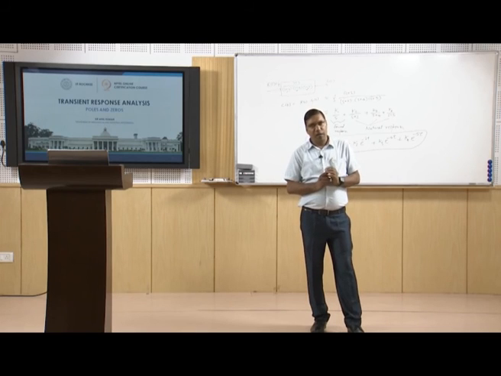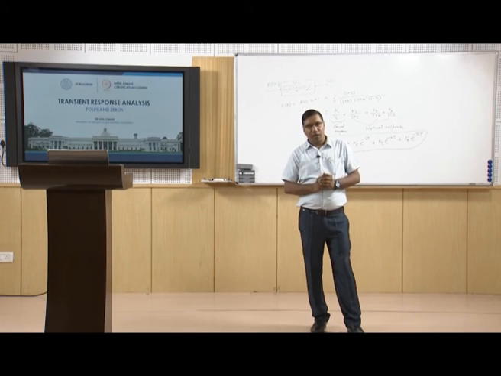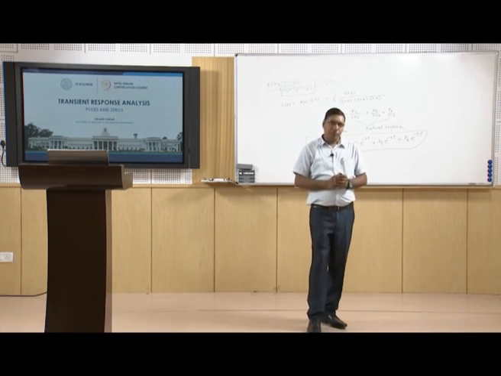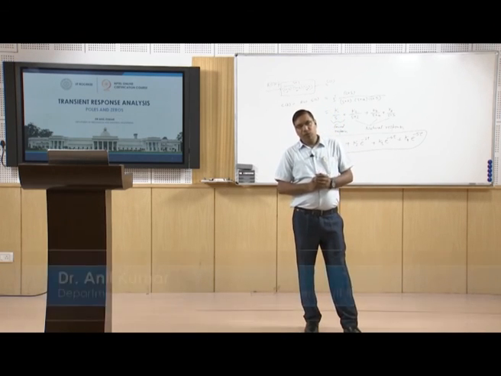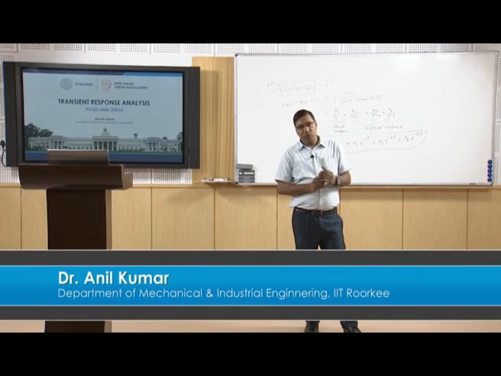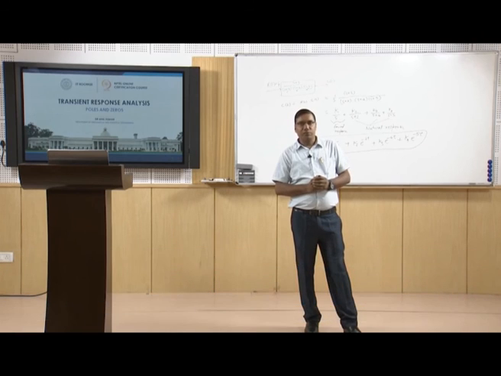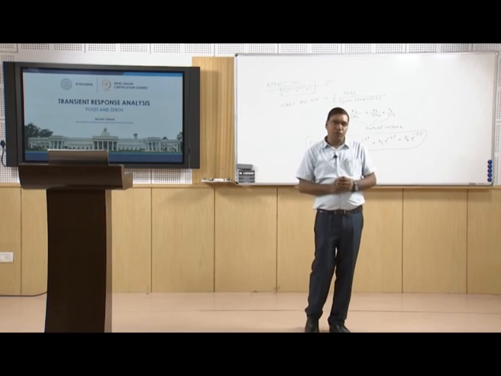We summarize that the poles are the roots of the denominator of a transfer function, and zeros are the roots of the numerator. The poles of the input govern the form of the forced response, and poles of the system or transfer function govern the form of the natural response.